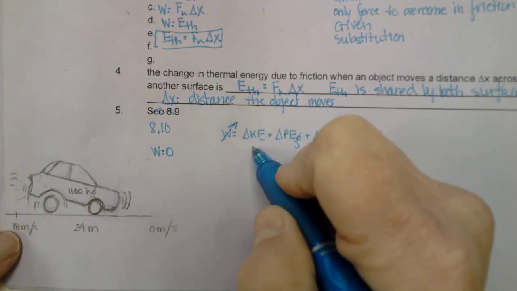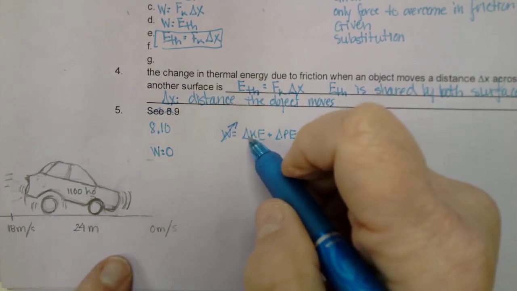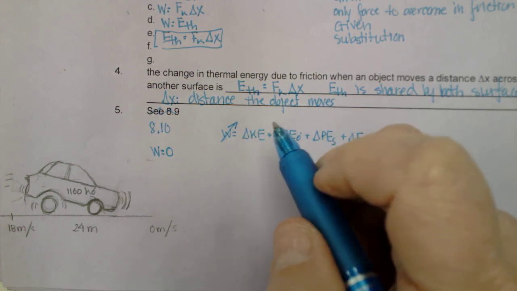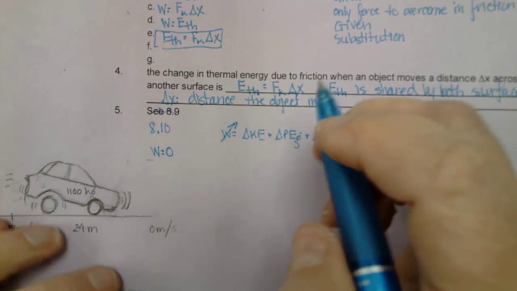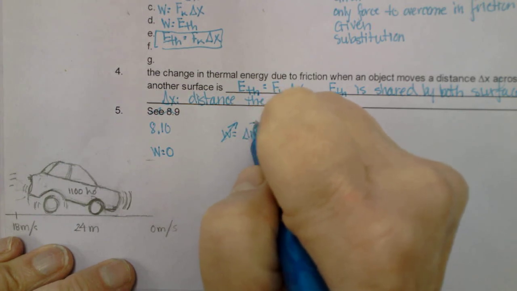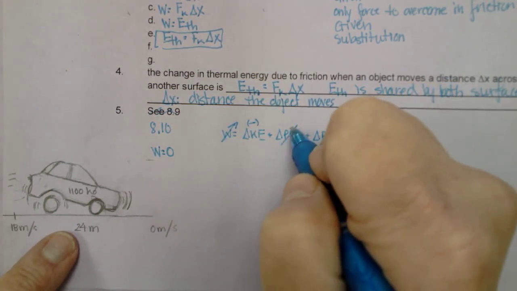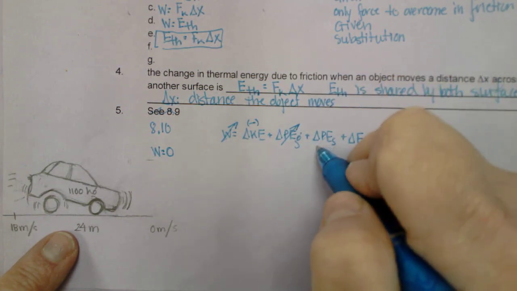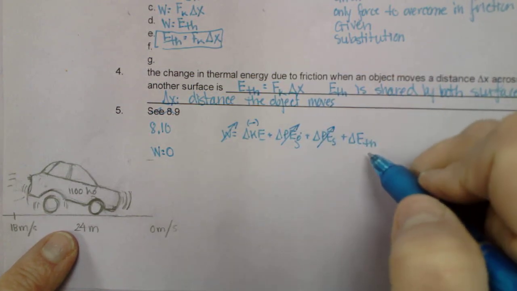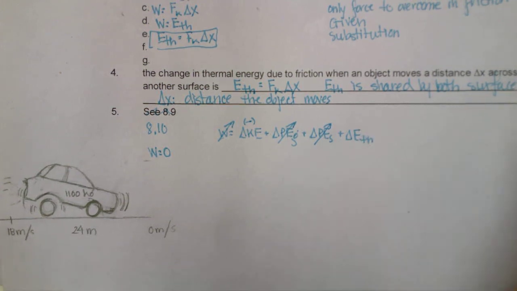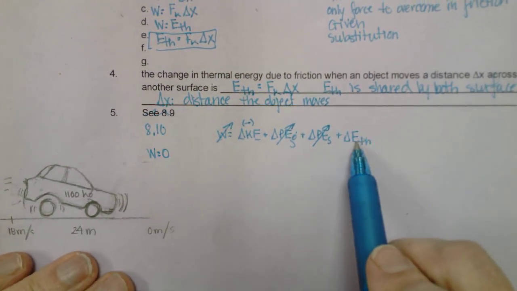Delta KE, it's starting at 18 meters per second and ending at 0. So I am taking the kinetic energy out of the system. That's going to be negative in my prediction. It's on a flat surface, so there's no delta PEG. And there's no spring involved, so it's only E thermal. Now you already know just by looking at this that it's going to have to be positive.